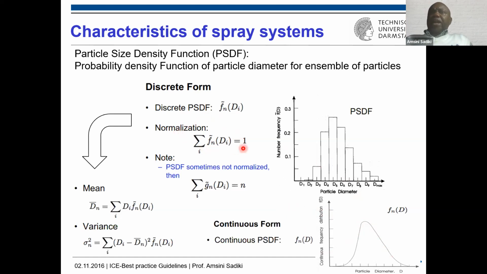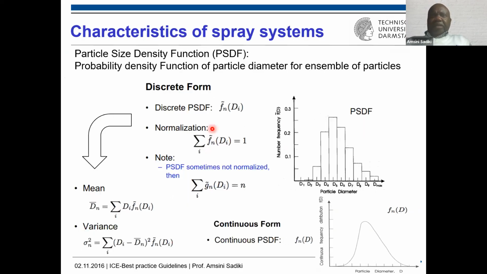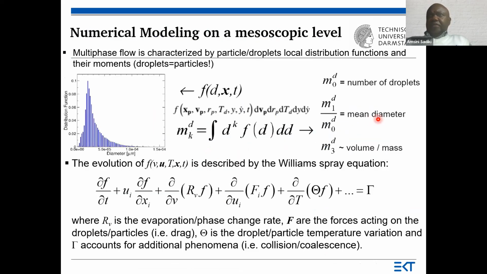It can be normalized, and if it is normalized, then the sum gives us the number of particles. For the mean, as we have defined here, it is defined there by giving that k is equal to 1.